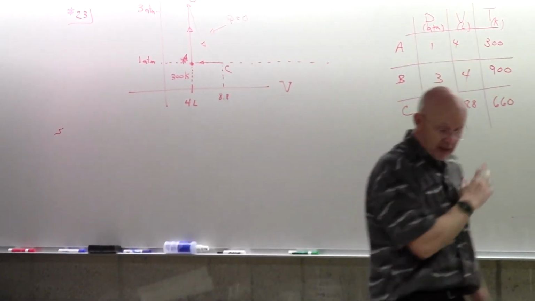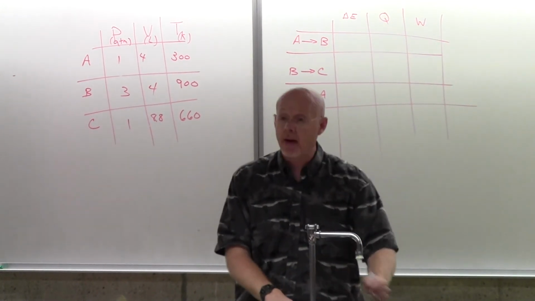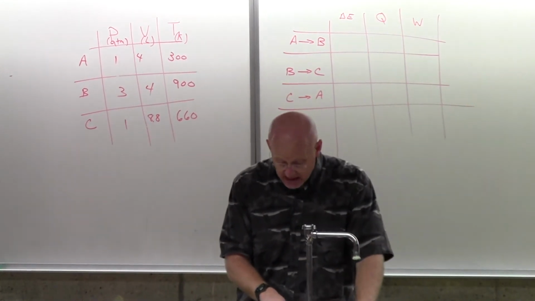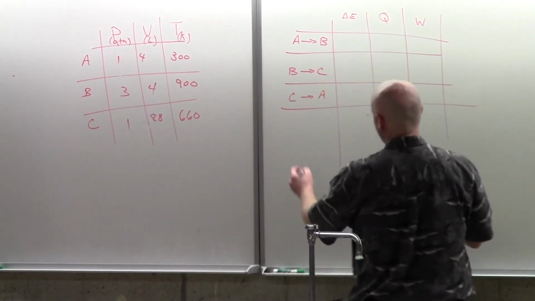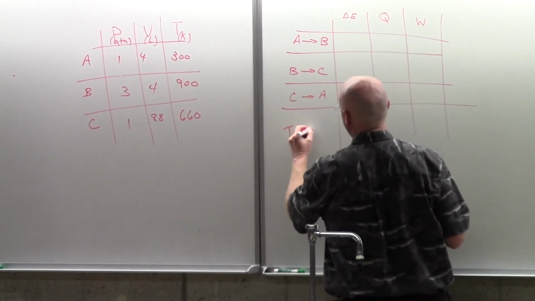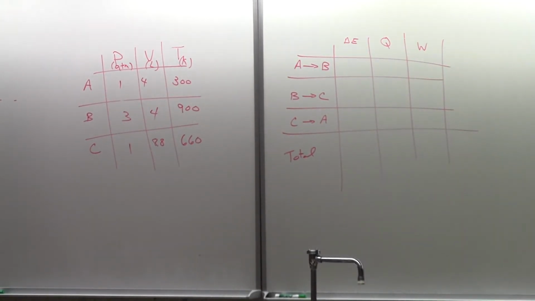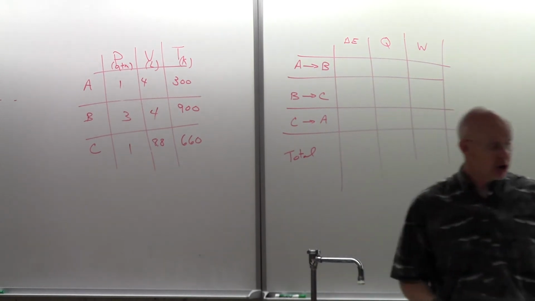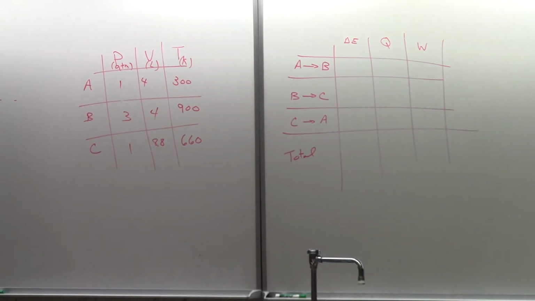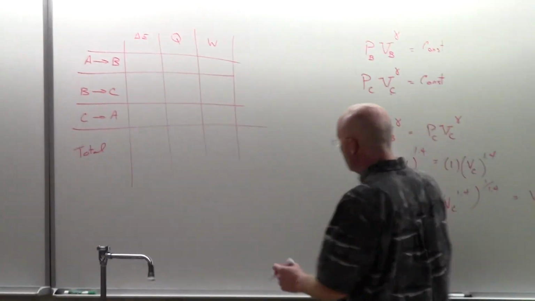Okay, so I've got the temperature, and it does seem to match. That's a good sign. And now maybe I can go on to E. What is the net work done on the gas? So maybe back here in the chart, I should put total underneath here and start filling these in. And again, I don't know if I have to fill in every single last piece in order to answer this question. But maybe I should fill in every last piece so that you will feel more comfortable on the homework as you start doing these problems.